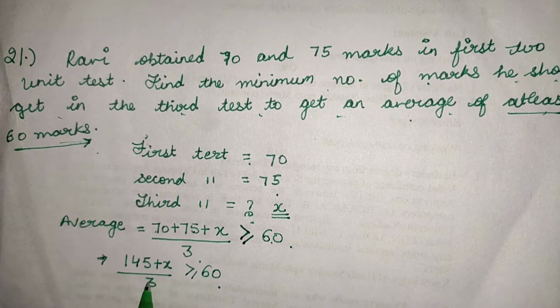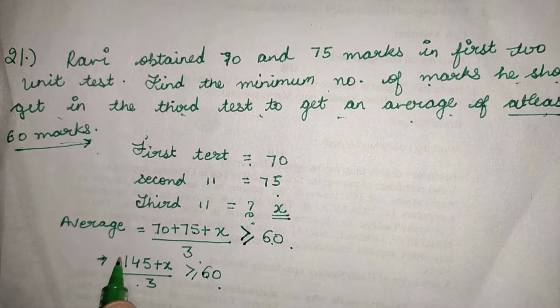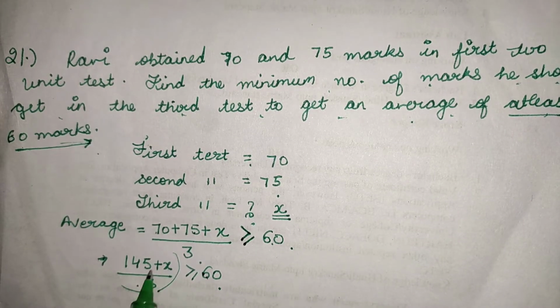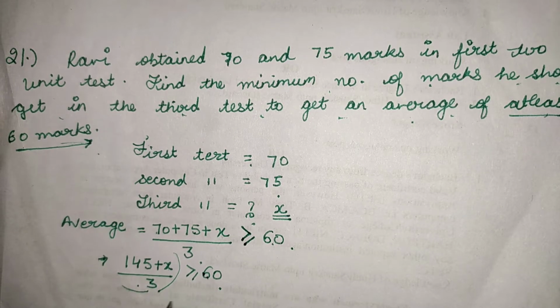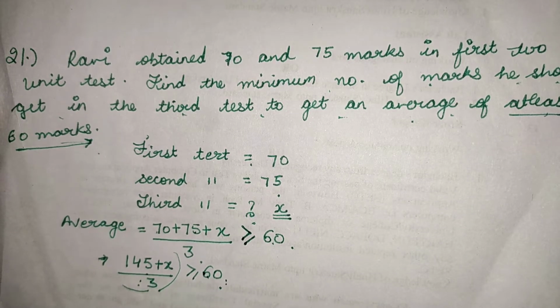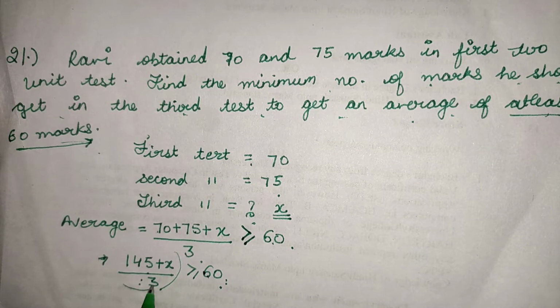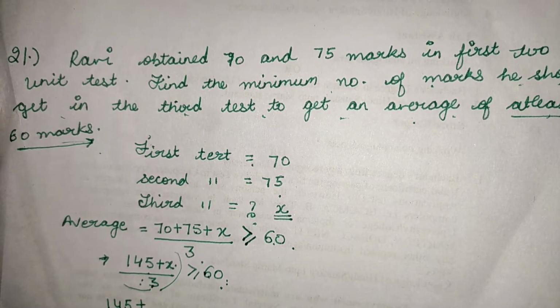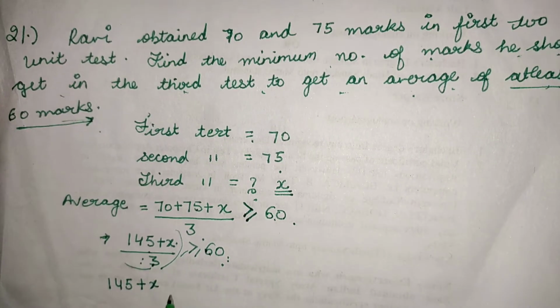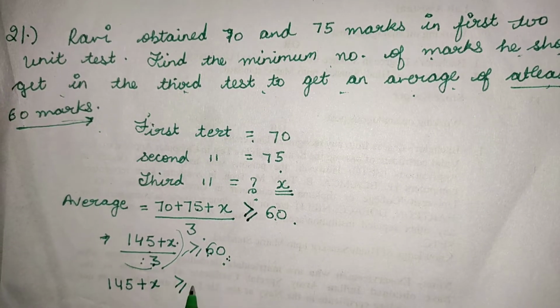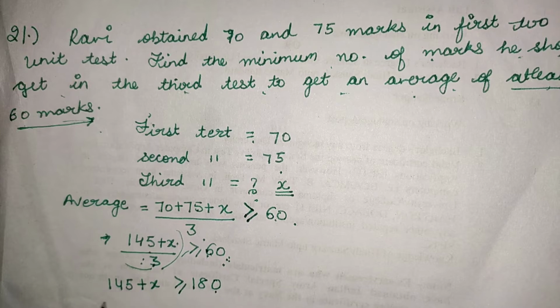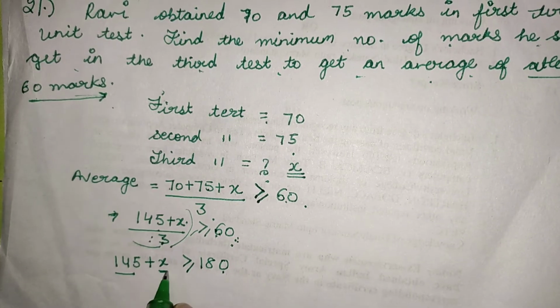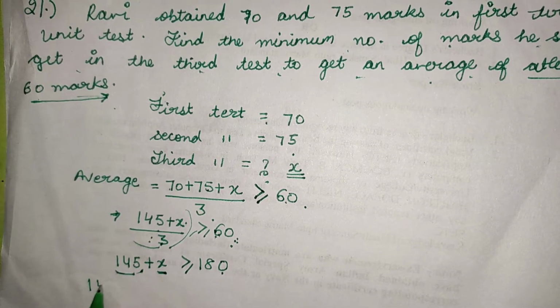Now how do we solve inequality problems? We do addition, multiplication, division or subtraction on both sides with the same value. If I multiply by 3 on both sides, the 3 and 3 cancel out on this side, but on the other side 3 into 60 becomes 180. Now to find the value of x, I have to remove this 145.